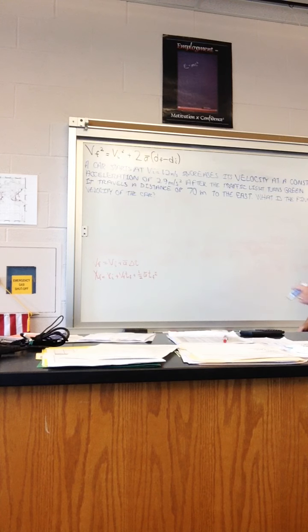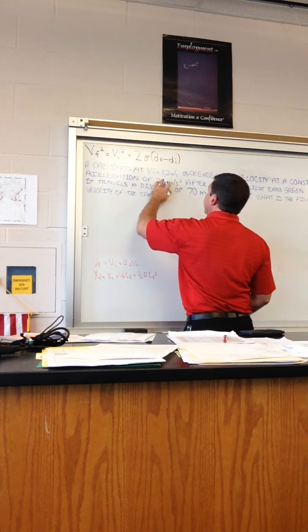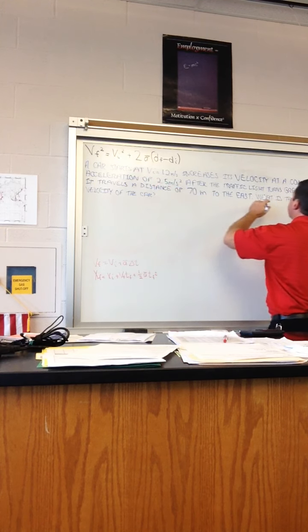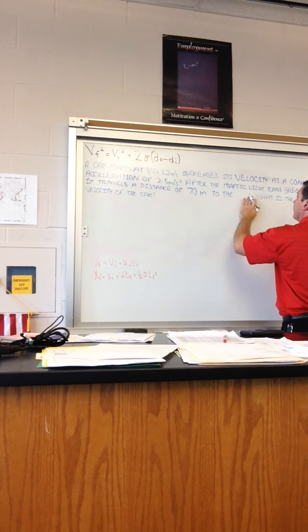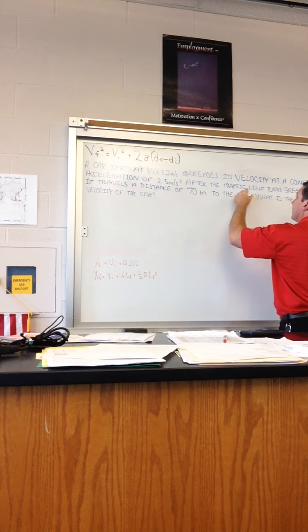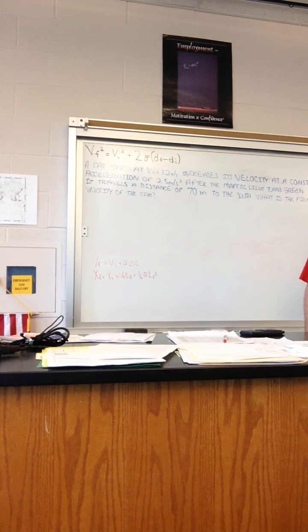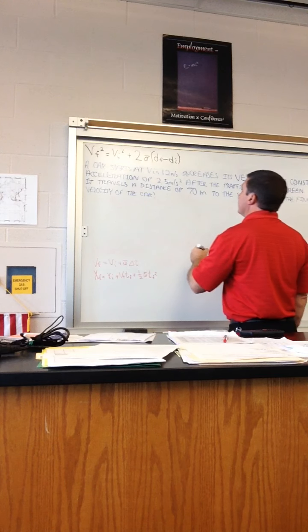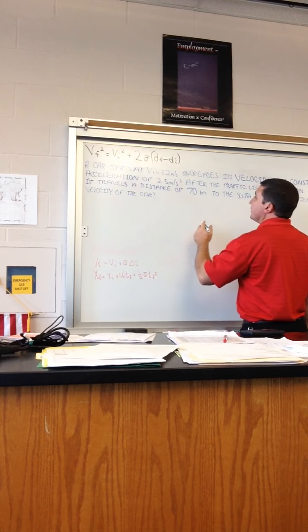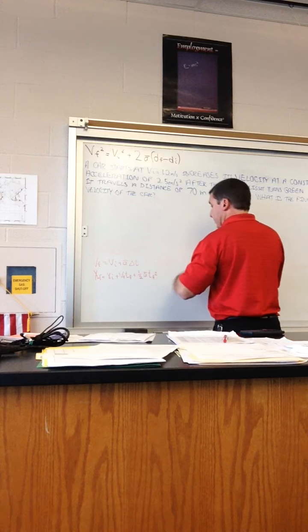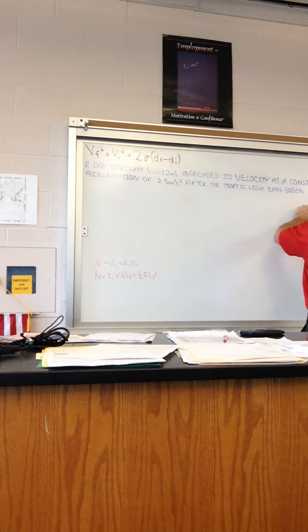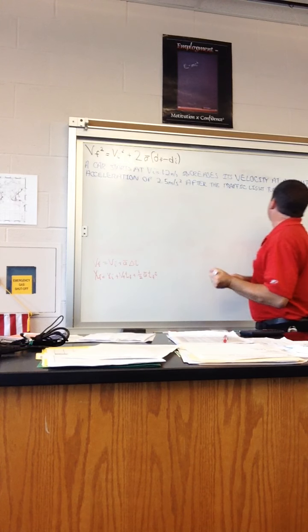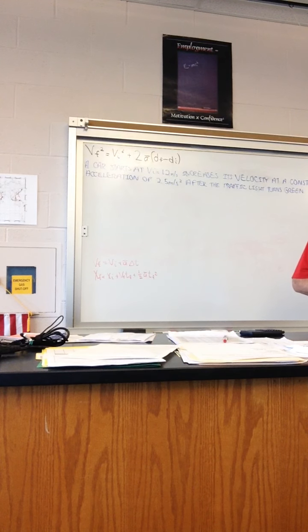So the constant acceleration of 2.5, and its traffic light turns green. Okay, it's moving to the south. All right, the initial distance. So let me just rewrite this up here, change this last sentence around a little bit so it makes a little bit more sense.